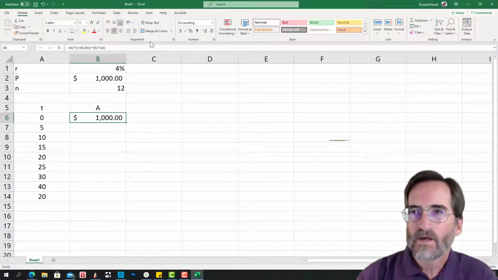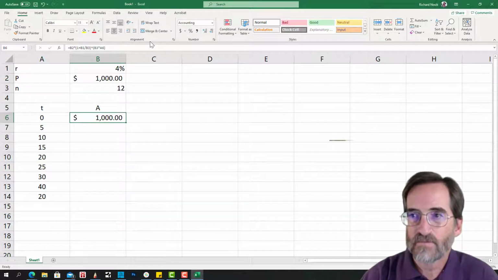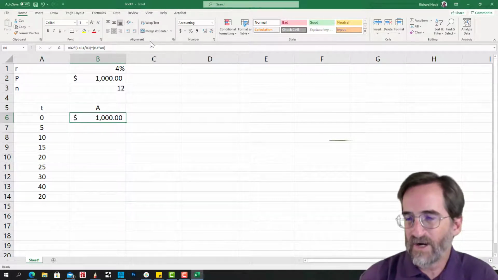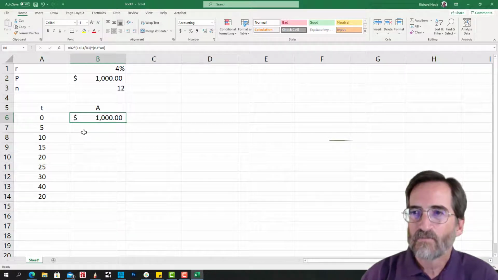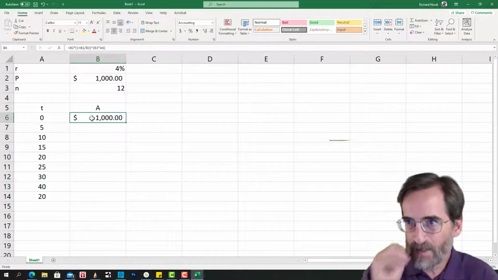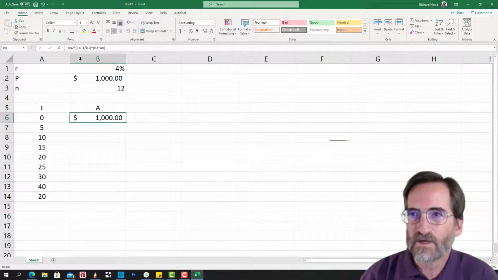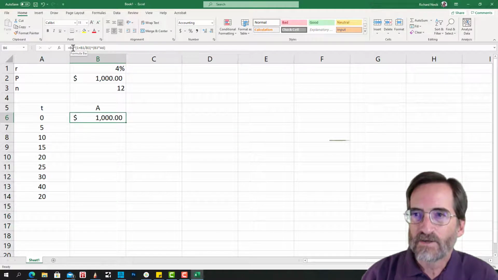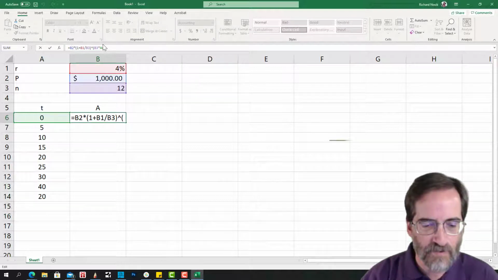All right. So we've started with time 0 and the amount is 0. Now I could go through and type that formula for every cell, but the cool thing about spreadsheets is I can copy and paste. But in order to copy and paste, I'm going to have to use absolute cell references. So cell B2, I always want that to refer to cell B2.